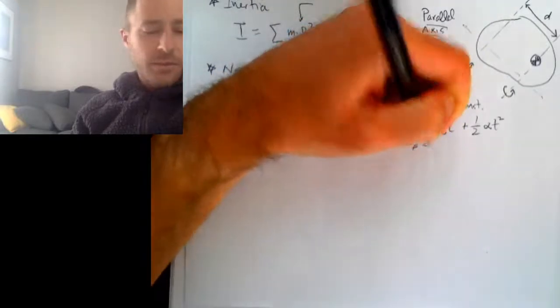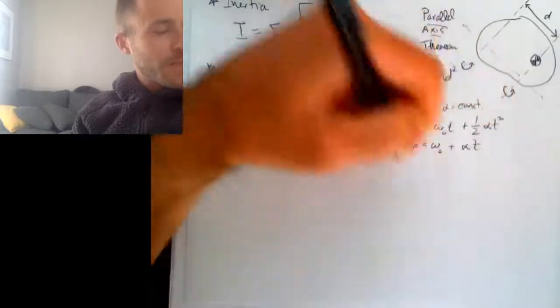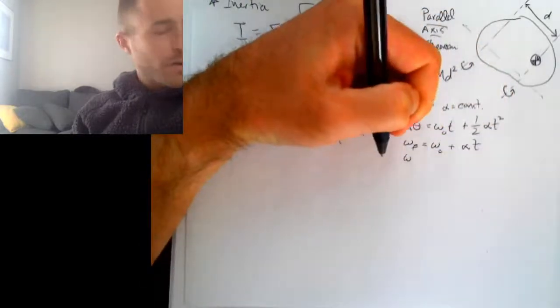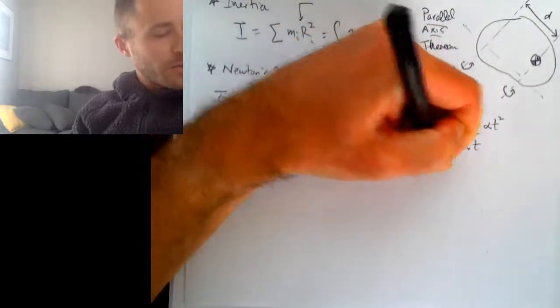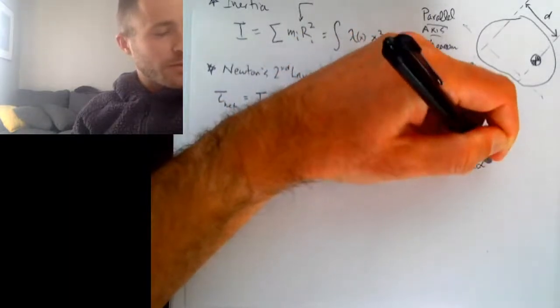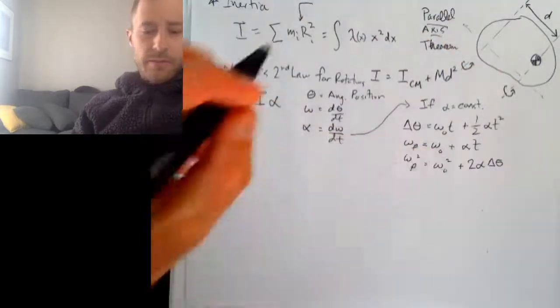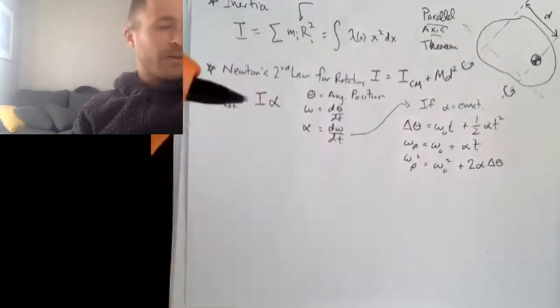We have omega final equals omega initial plus alpha t. And we have omega final squared equals omega initial squared plus 2 alpha delta theta. So those are only if alpha is a constant.